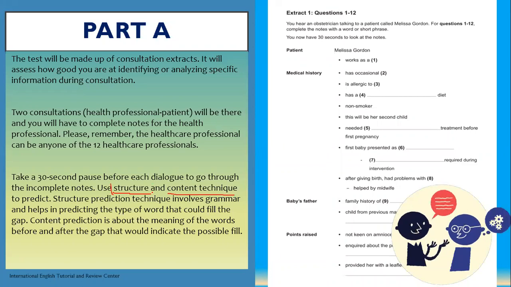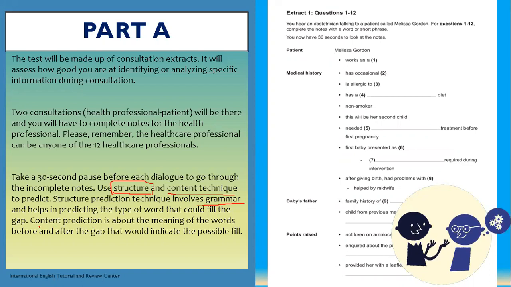That is very important. Now, the content technique is to predict what you think the answer to that particular question will be. The structure technique involves grammar and helps in predicting the type of word that could fill the gap.